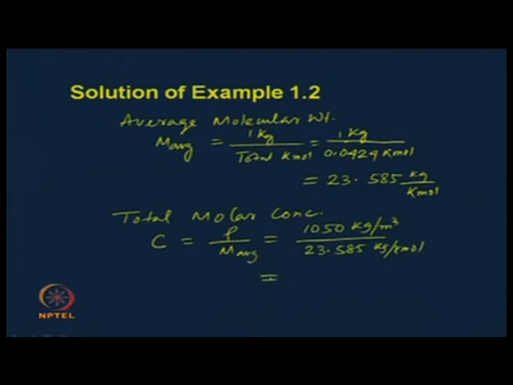So, this is 44.52 kmole per meter cube. This is the total concentration. So, this way we can calculate the molar and mass concentration.